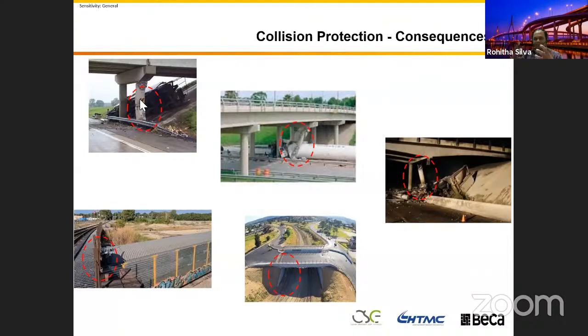He died because he hit the pier, and he is at fault because he drove the wrong way, he sped and fell on the slab and then went and hit. But if you protect this pier, if you put a crash barrier in front, then this incident won't happen. My client won't die. So you can't find an answer to that argument. So it could happen. Please remember that one.